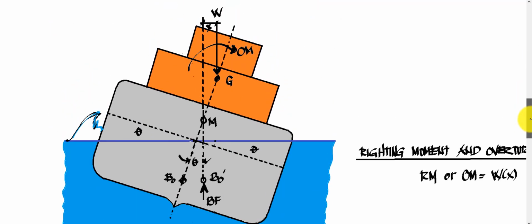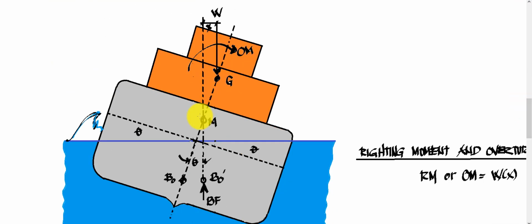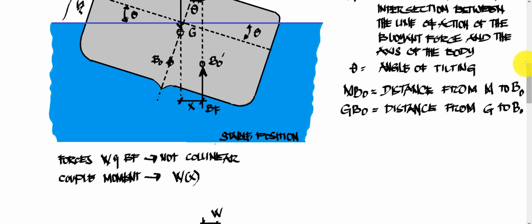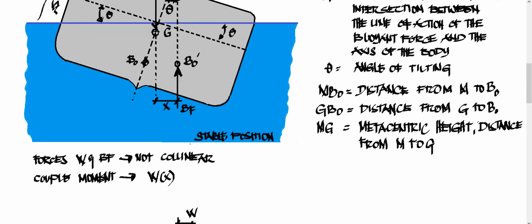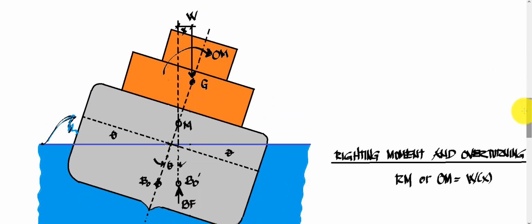So looking at the figure, from G to BO is the distance representing that one, and we have the MG, so that is the metacentric height. So the distance from M to G, look into the figure, from M to G, we have the MG representing the distance.